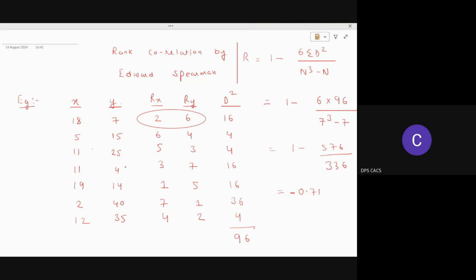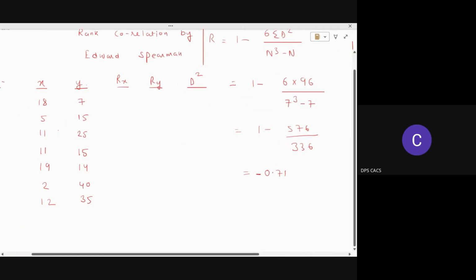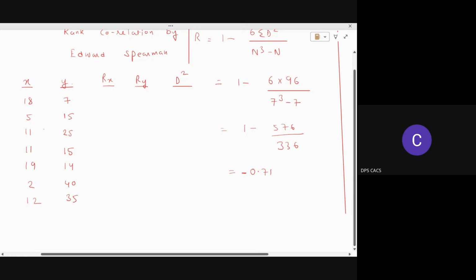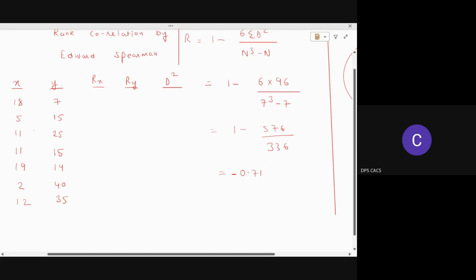And suppose 15 is occurring twice in the second column. So now we have a question where in the X column 2 values are repeating and in the Y column also 2 values are repeating. When values are repeating, it becomes a tie case. And when it becomes a tie case, formula 1 cannot be used. So then I will see formula number 2. First, write down the example.